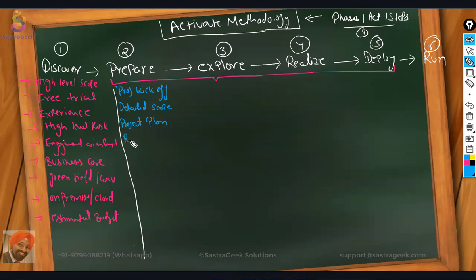Your resource onboarding plan would be prepared here, and then within that your onboarding of project manager would happen. Your onboarding of your product owner or multiple product owners would be happening here. Your initial training of your resources, the project resources we are talking about: train them on Agile, train them on Activate, train them on SAP S4 HANA.